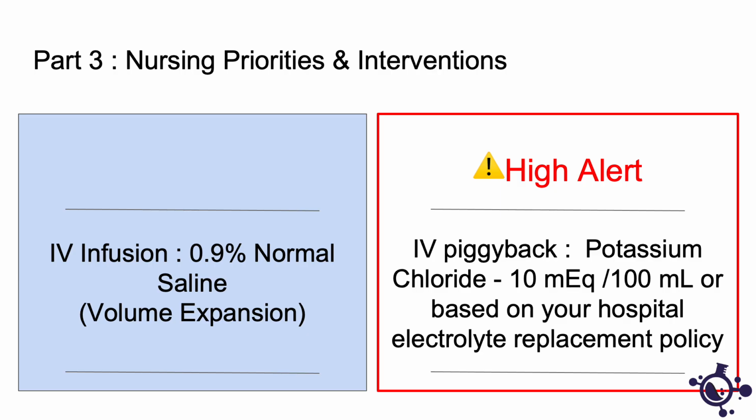For example, it depends on your hospital, but the lowest concentration would be 10 milliequivalents in 100 ml. Then you would look up the policy to see how fast you would give it. Ultimately, we want to replace the potassium and also give the normal saline, because we don't want the strain to be on the heart, because the potassium is low as well. Okay, and we'll talk about sodium in a little bit.